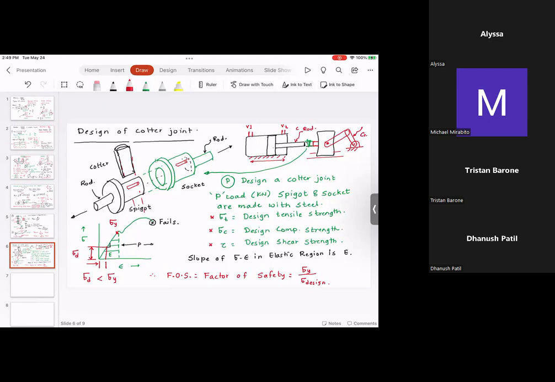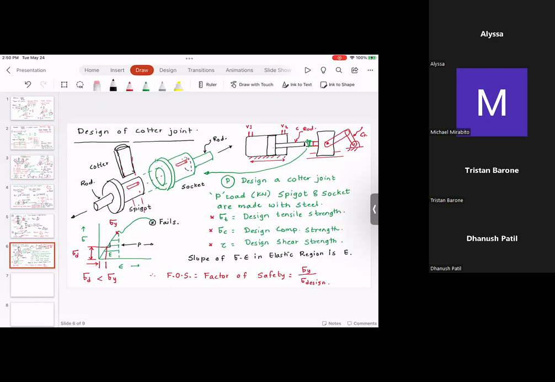This is a system because you have three components as part of it: a spigot, a socket, and a Cotter. When this whole thing gets assembled, what you have is a Cotter joint. That's why this is a mechanical engineering system. And we are going to design it step by step. Okay, any questions?